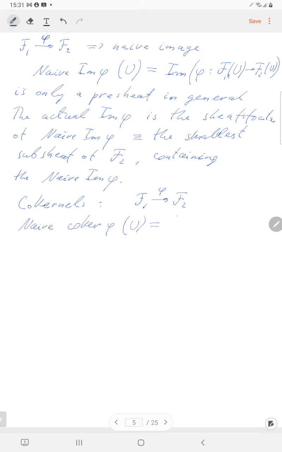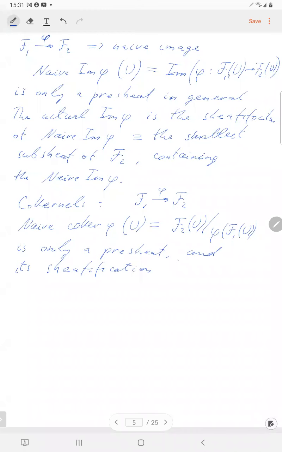The sections at U are the quotient F2 of U modulo phi of F1 of U. Again, this is a pre-sheaf, and its sheafification is the actual cokernel of phi.